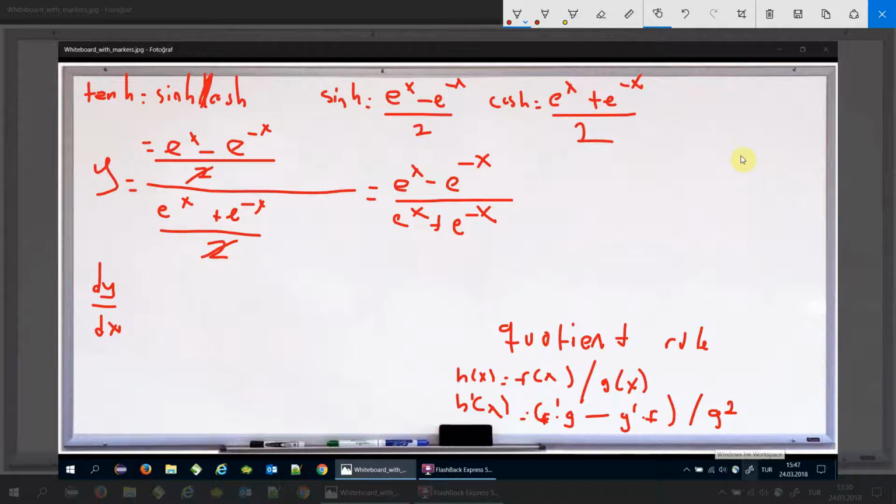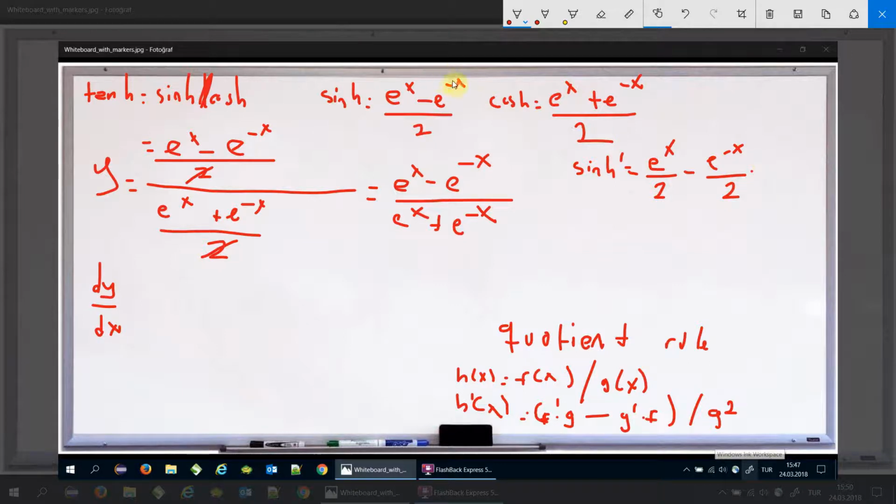Let's apply this, but before that I need to calculate the derivative of sinh and the derivative of cosh too. E to the power of x over 2, its derivative would be e to the power of x over 2, and e to the power of minus x's derivative is also e to the power of minus x, and its multiplier over 2 term remains the same.